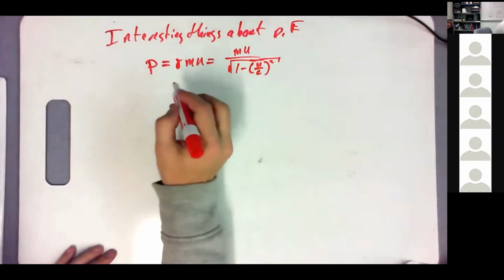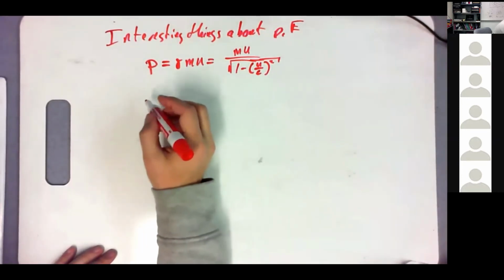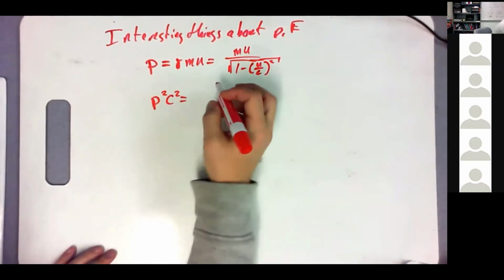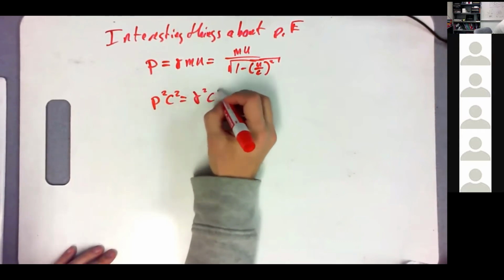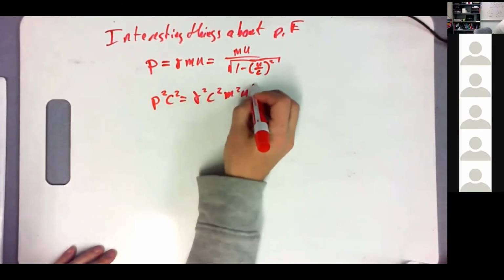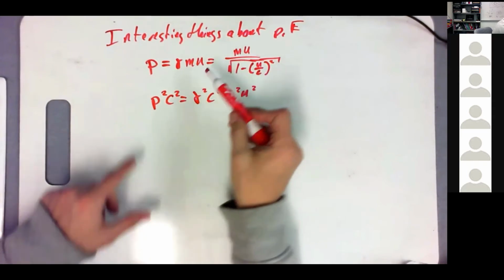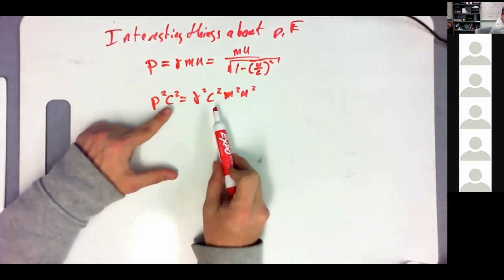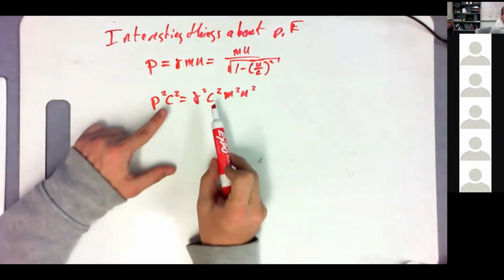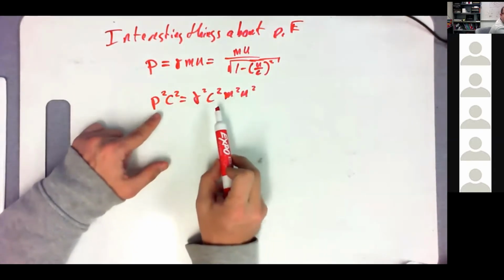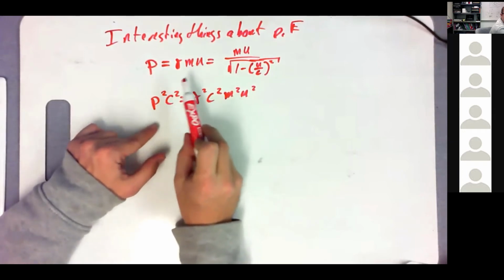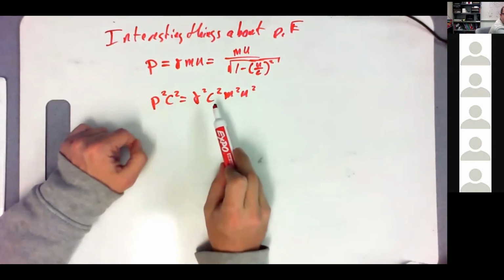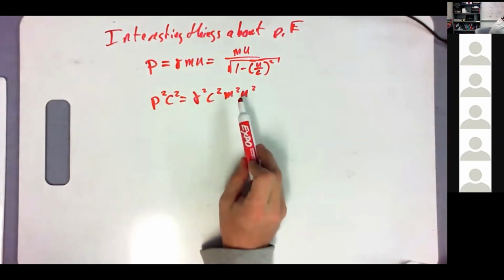If we square both sides and multiply by c squared, we get p squared c squared equals gamma squared c squared m squared u squared. Again, I'm taking this part, squaring it, and then multiplying by c squared on both sides. Momentum squared c squared, gamma squared c squared, m squared u squared.